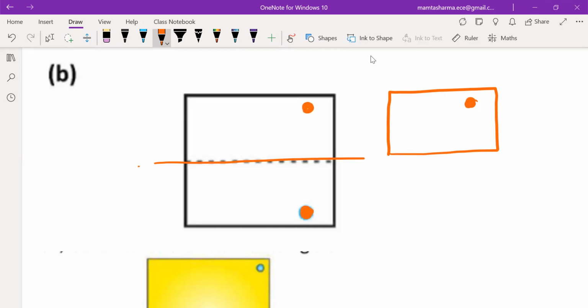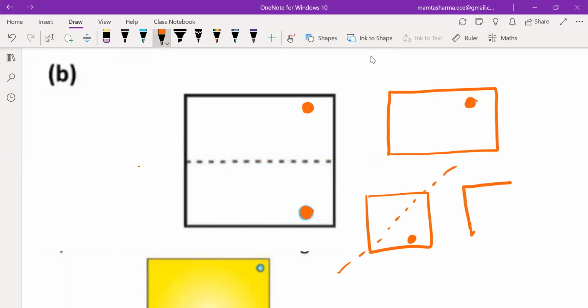Now tell me, with respect to the line of symmetry, think about the position of the other hole. If I change the line of symmetry, then when you fold it, it will look like a triangle.